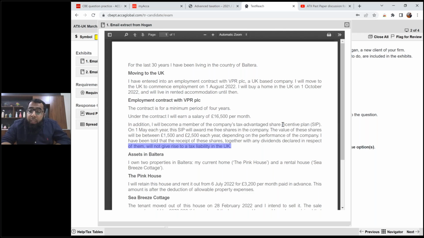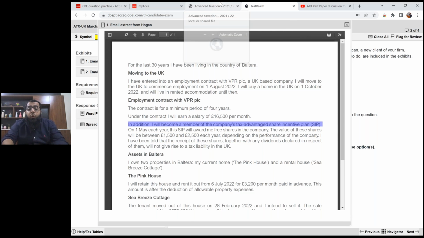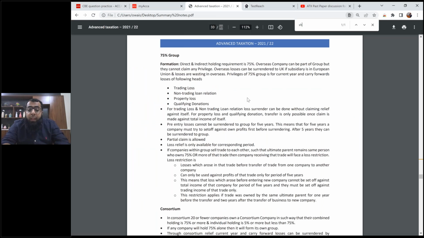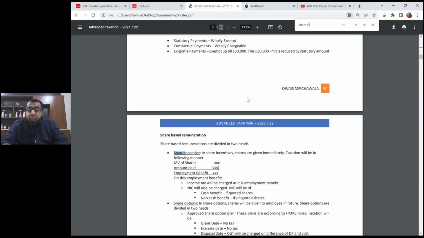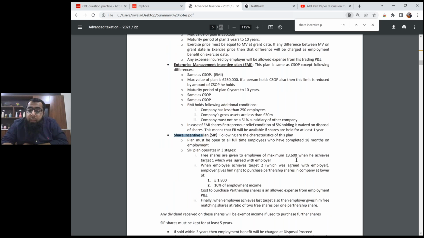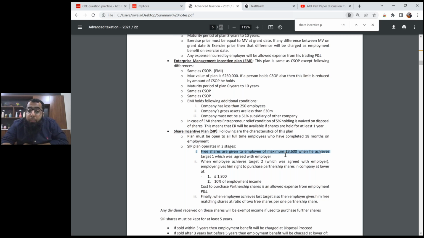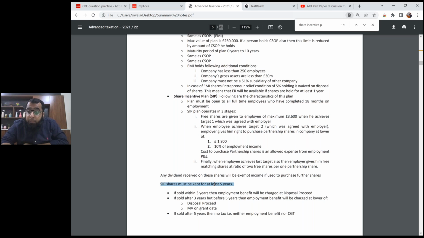Now, if you have forgotten any rules, as I told you in the previous class, you can simply go to the summary notes. You can write share incentive plan in the search and you will get the rules here. Okay, you can get free shares up to a maximum value of £3,600. Okay, you need to keep the shares for a period of at least 5 years.